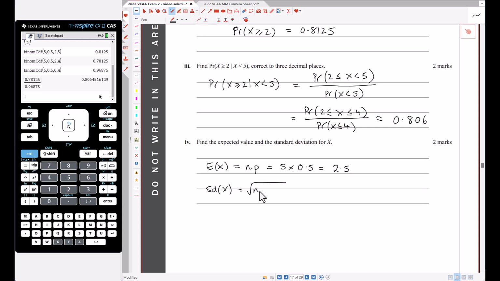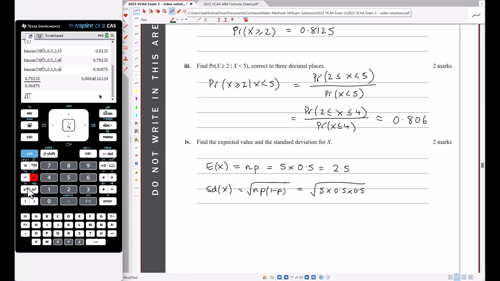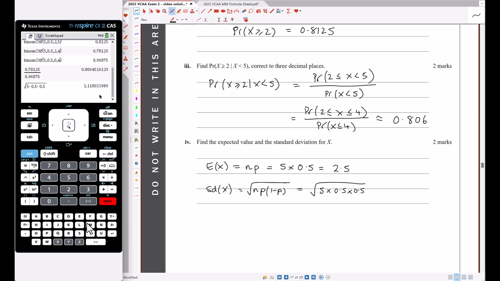So that is the square root of n times p times 1 minus p. So the square root of 5 times 0.5 times 0.5. And that's for rounded, it must be exact. That's not very nice, so let me write that better. Let's write that as half times half.